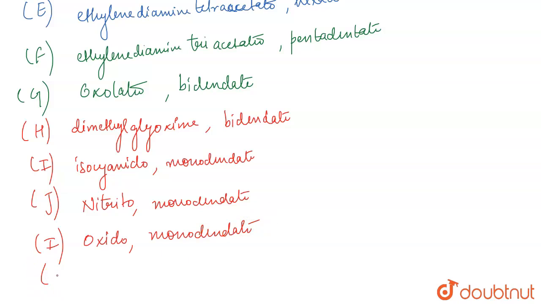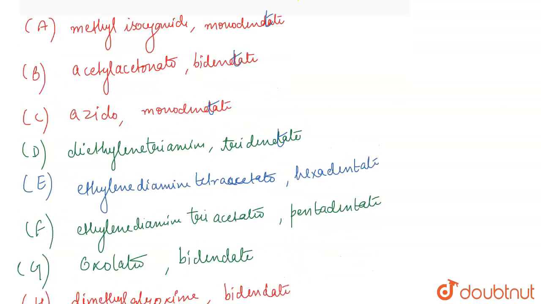Then, what do we have? Sorry, this is J, this is K, and this will be L now. Okay, this is K, and L is, what is your L, which is the last one?